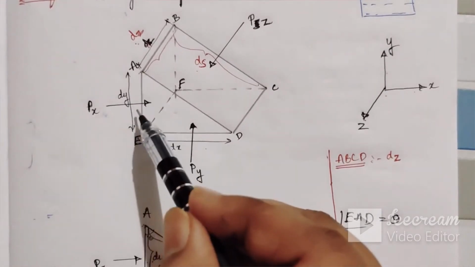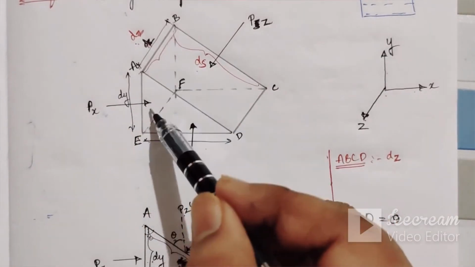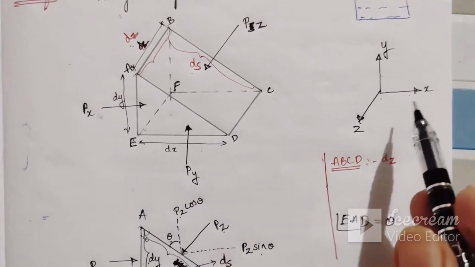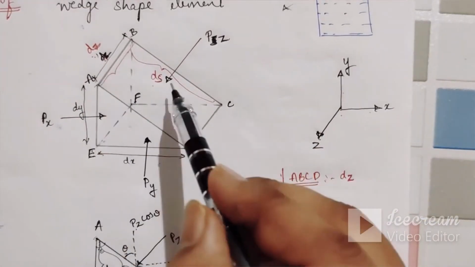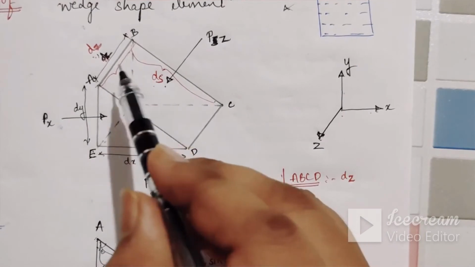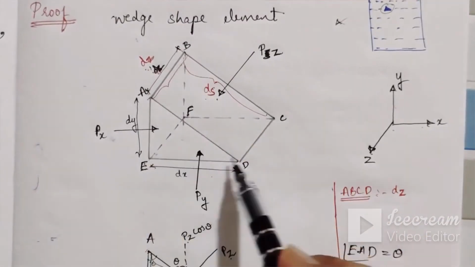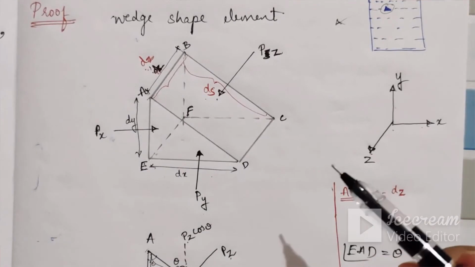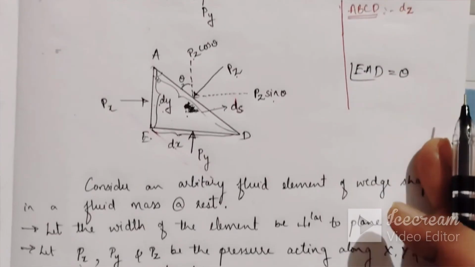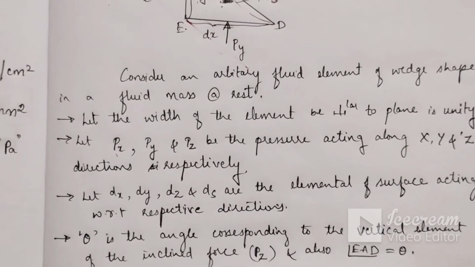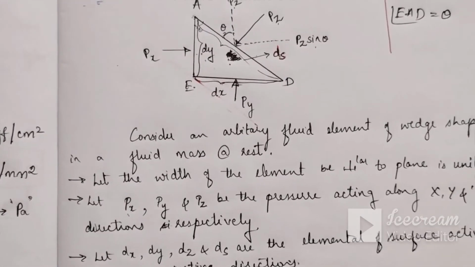In the same plane it will be unity, but in a different plane it will not be unity. So I introduced a term called ds, and this is dz. ABCD will not have a unity term, but here we will have unity. Why, you will get to know when I do the further calculations. So I am going to the next page.